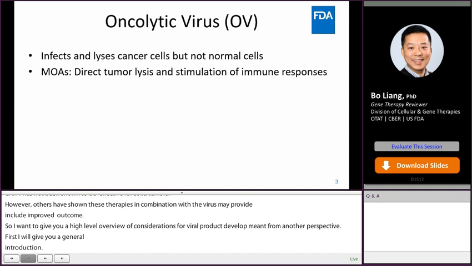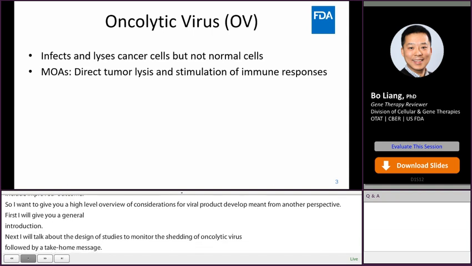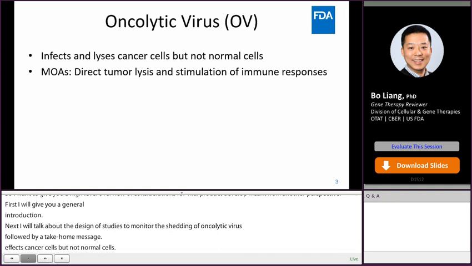Oncolytic viruses infect and specifically kill cancer cells, but not normal cells. The mechanisms of action for oncolytic virus include direct tumor lysis and stimulation of the anti-tumor immune response by modulating the tumor microenvironment, a process turning cold tumors hot.